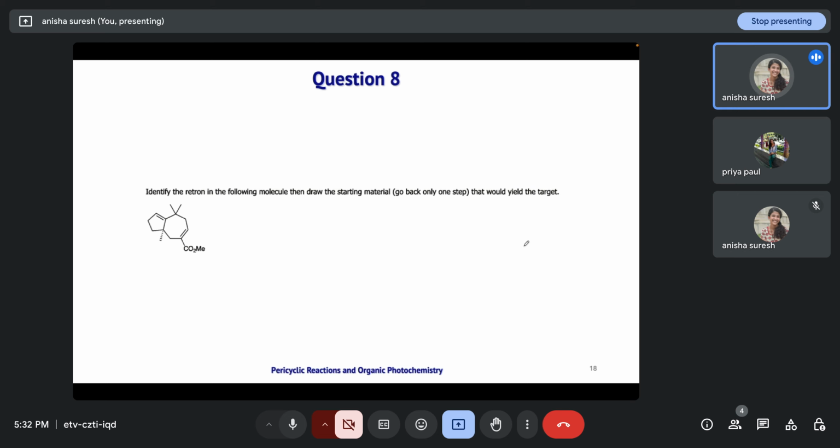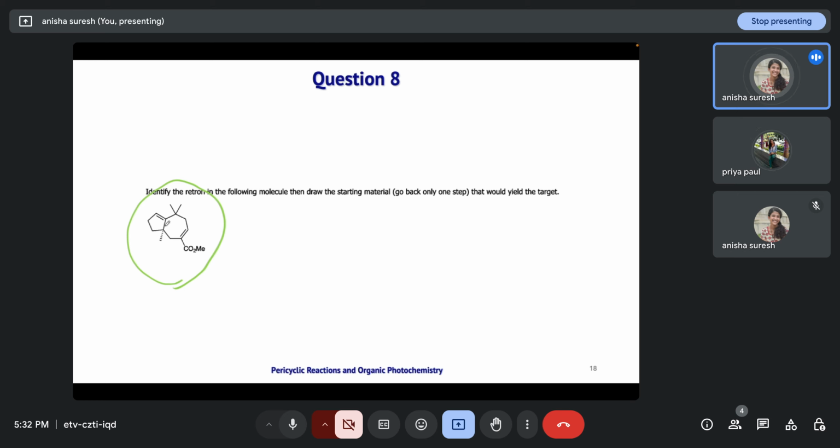Now coming to question number 8. Identify the retron in the following molecule, then draw the starting material, going back only one step that would yield the target. So, this is our product. They are asking us to find the starting material that will result in the formation of this product.